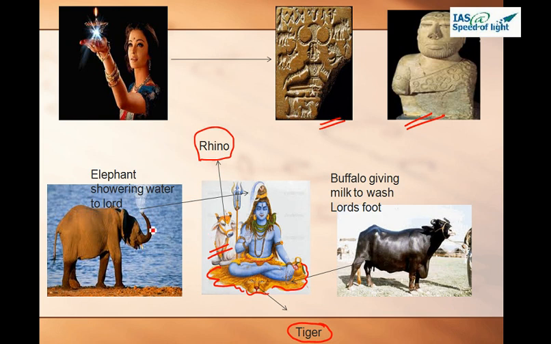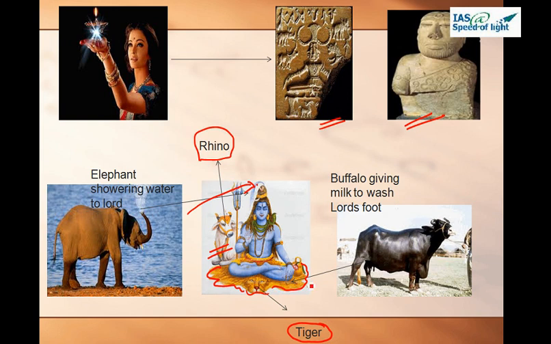Now one elephant is showering water on the Lord. This water is being showered by the elephant. And one buffalo is giving milk to wash the foot of the Lord.